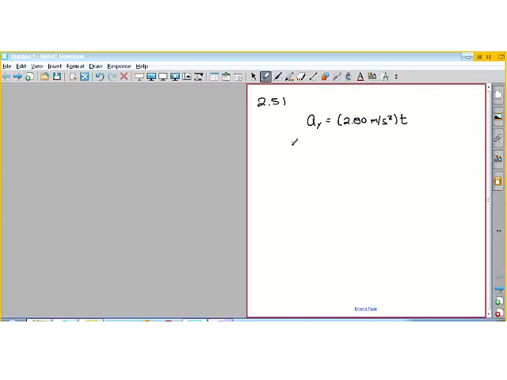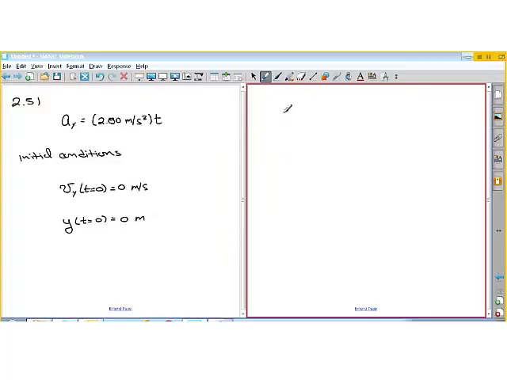Now, we have to start with some initial conditions. Initially, the velocity in the y direction at t equals 0 equals 0 meters per second. It starts from rest. Also, the y value at t equals 0 is also equal to 0 meters. So those are my initial conditions.